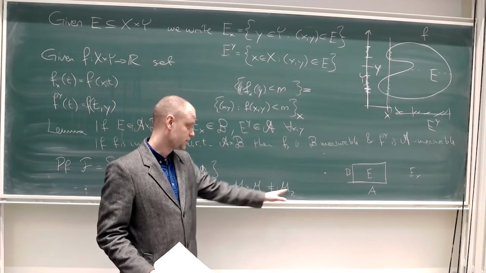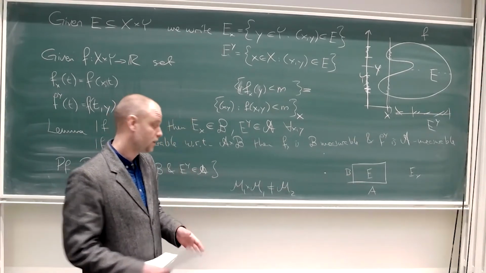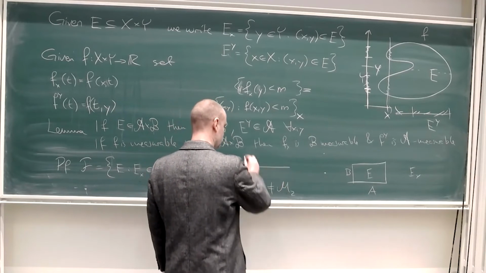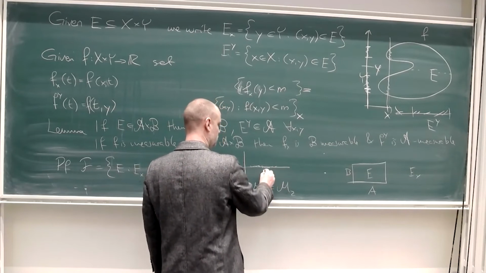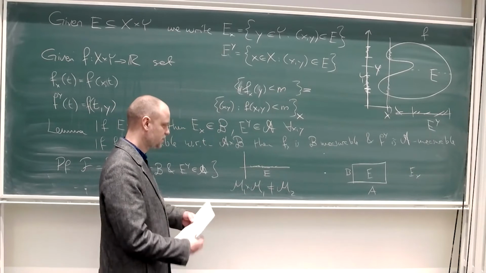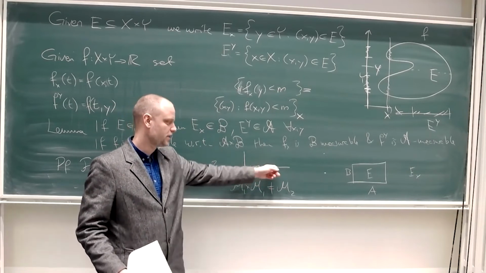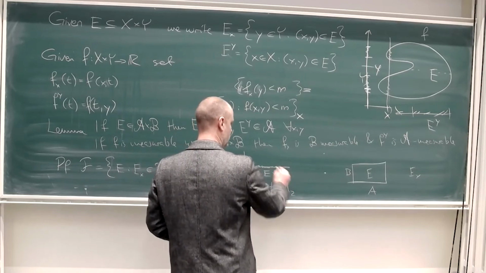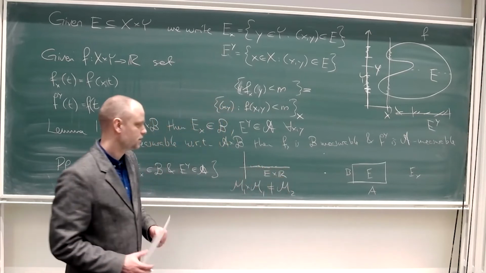Then this one will be the bigger one. And what are we going to do? Take a horrible set, well, a set which is not Lebesgue measurable in one dimension, and consider now the set E cross R, right?